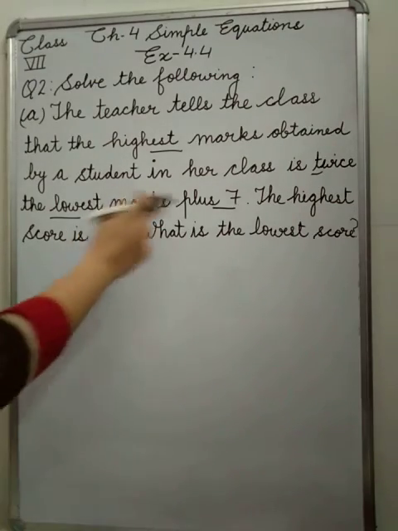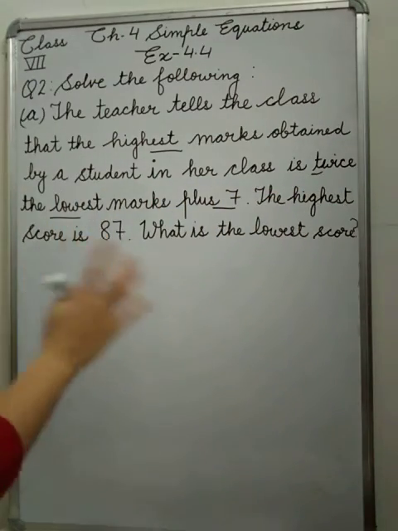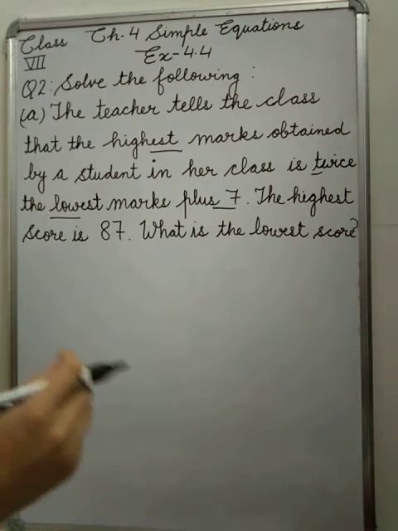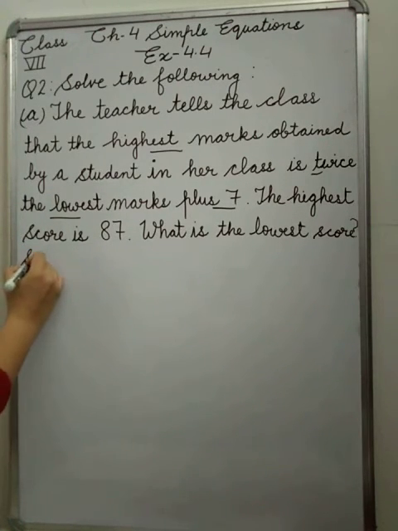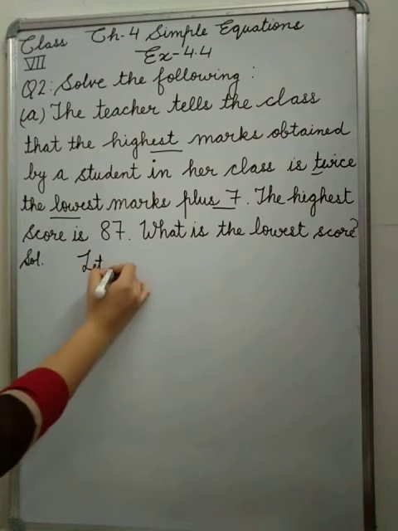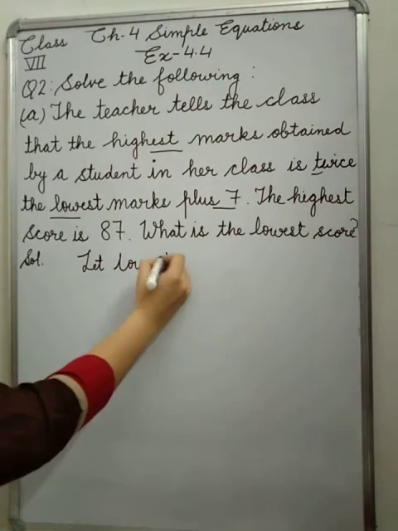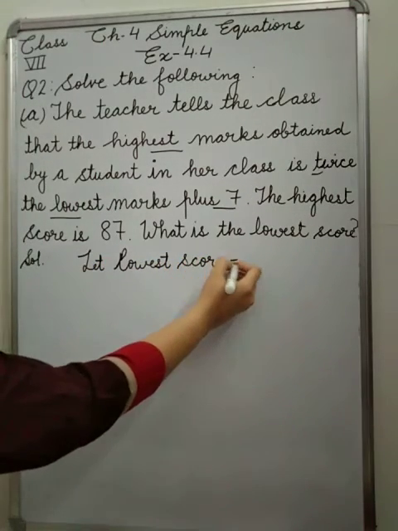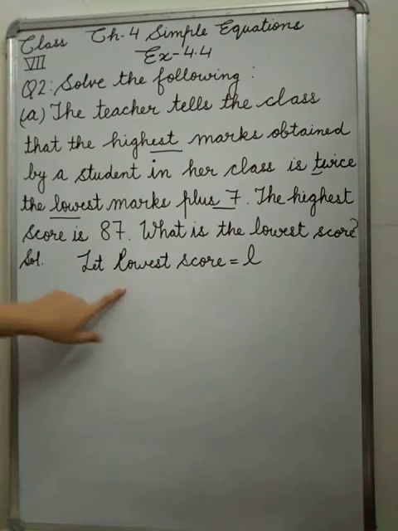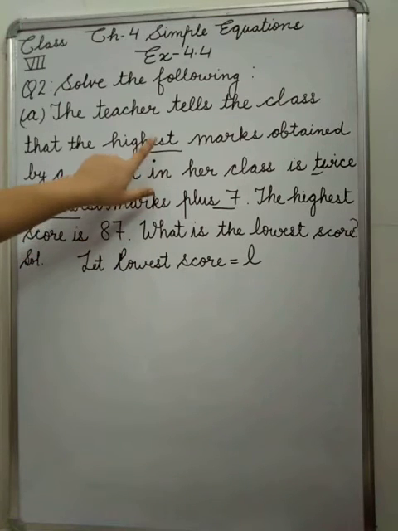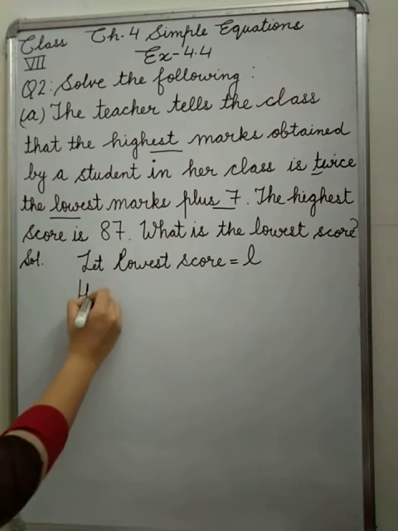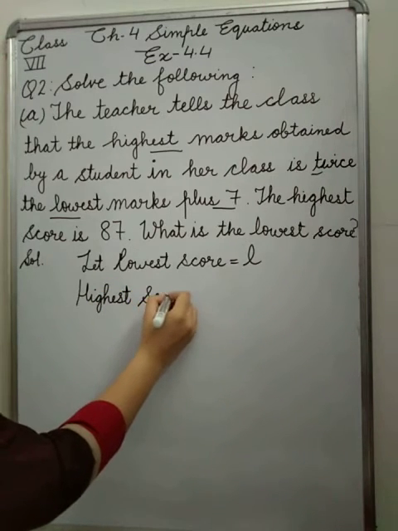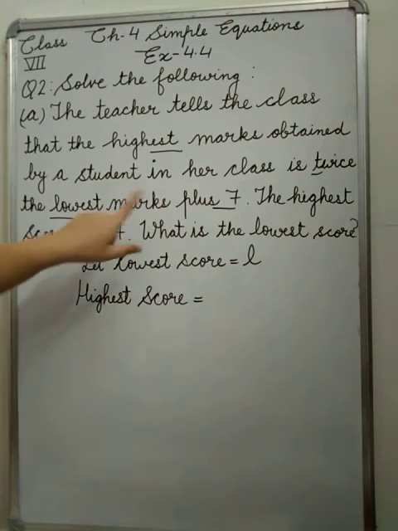Firstly, you have to double the lowest marks, but you don't have the lowest marks. So let us suppose the value of the lowest score is L. Solution: let the lowest score be L. Then what will be the highest score?